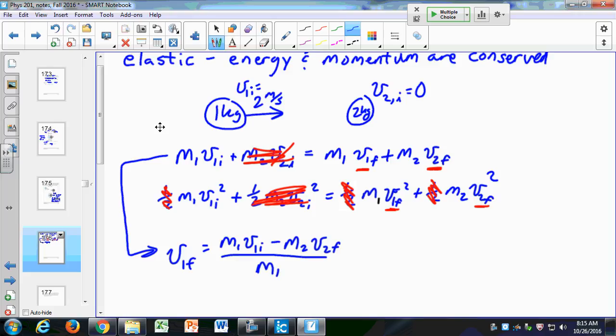And then I'll go ahead and put in our values there. I get 1 times 2 minus 2 v2f divided by 1. So it's 2 minus 2 v2f.